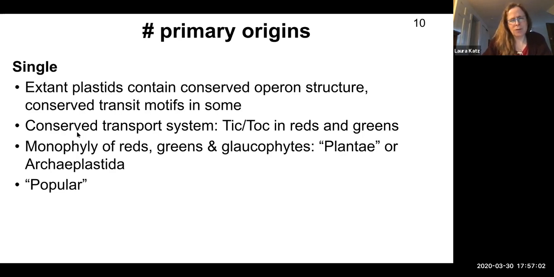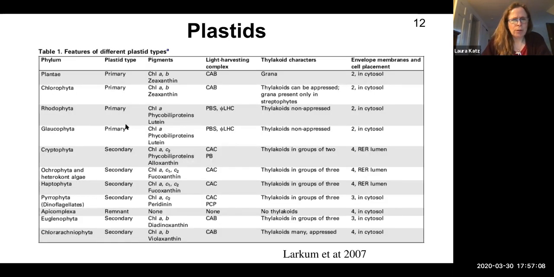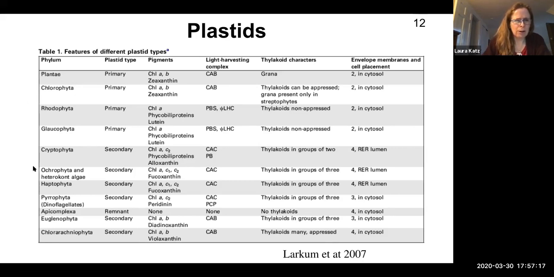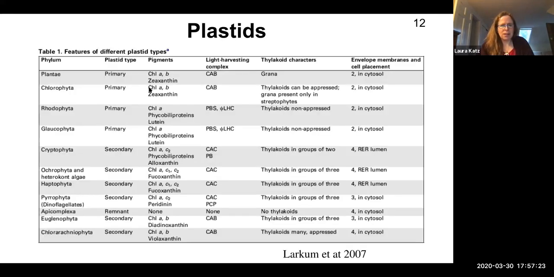And of course, since you're taking this class, you'll see that there are conflicting data. We'll return to that. And oh wait, actually we're going to dive into that a little bit right now. Here is the table from Larkum that I asked you to talk about. And here are these different groups that are argued to be primary. And if we look just at their chlorophylls, we see a diversity of chlorophylls.